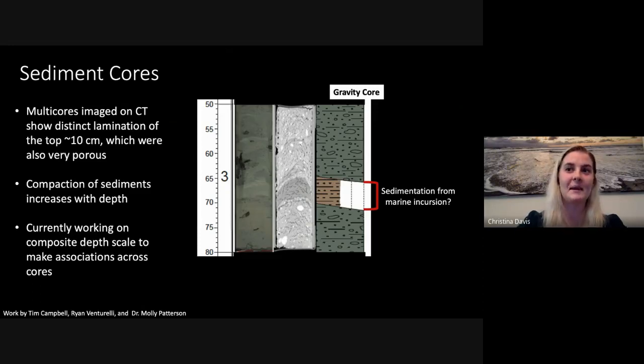Our thinking is maybe this could potentially be a marine incursion that deposited a whole bunch of clays and nutrients, which could impact the microbes that we're seeing in this region, either by representing some ancient marine organisms, or by depositing a layer of organic matter that may be rich for organisms to feed off of. We're still looking into this, but it's definitely a feature that we saw that could be impactful.